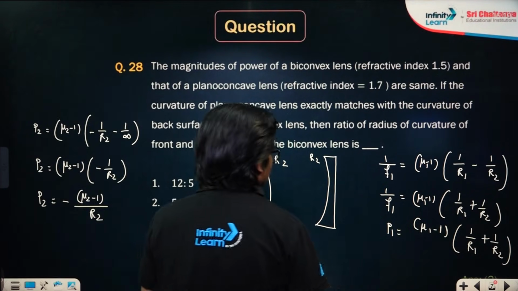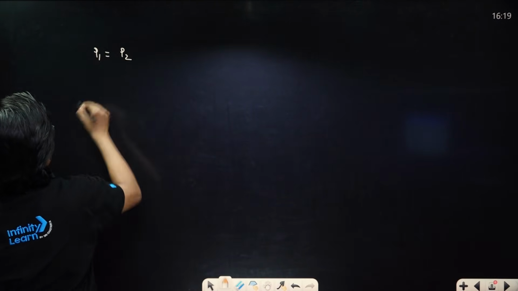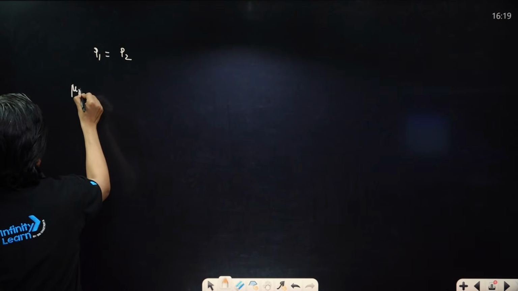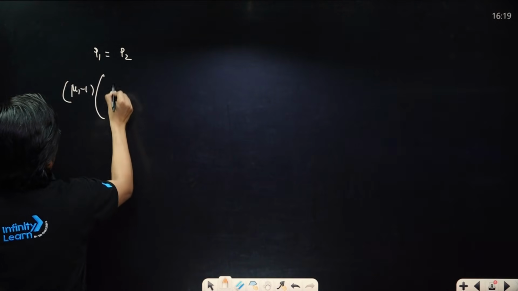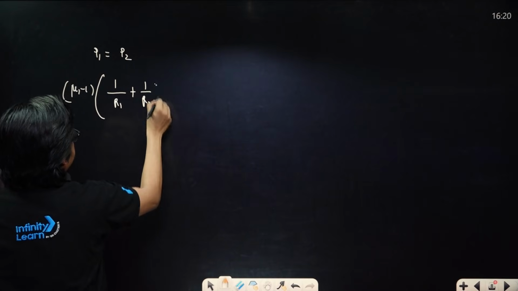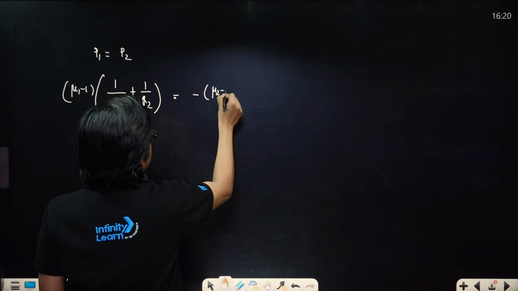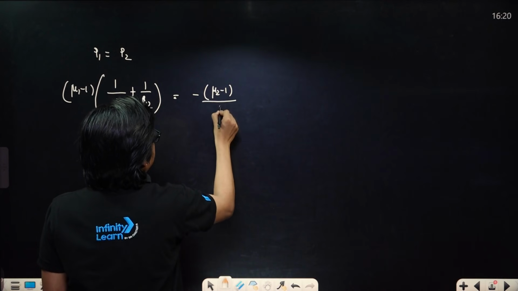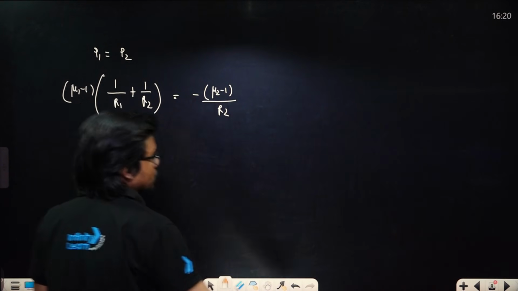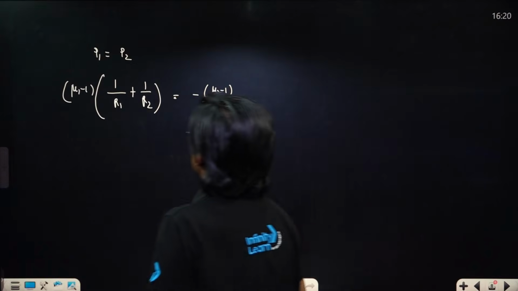If you put P1 equal to P2, that is mu1 minus 1 into 1 by R1 plus 1 by R2, that is equal to minus of mu2 minus 1 divided by R2. Now mu1 according to the question is 1.5, mu2 is 1.7.